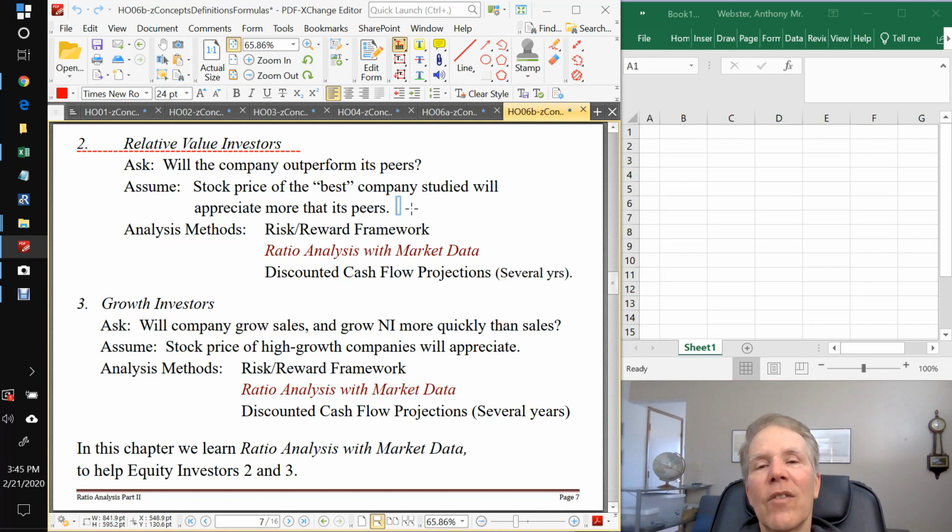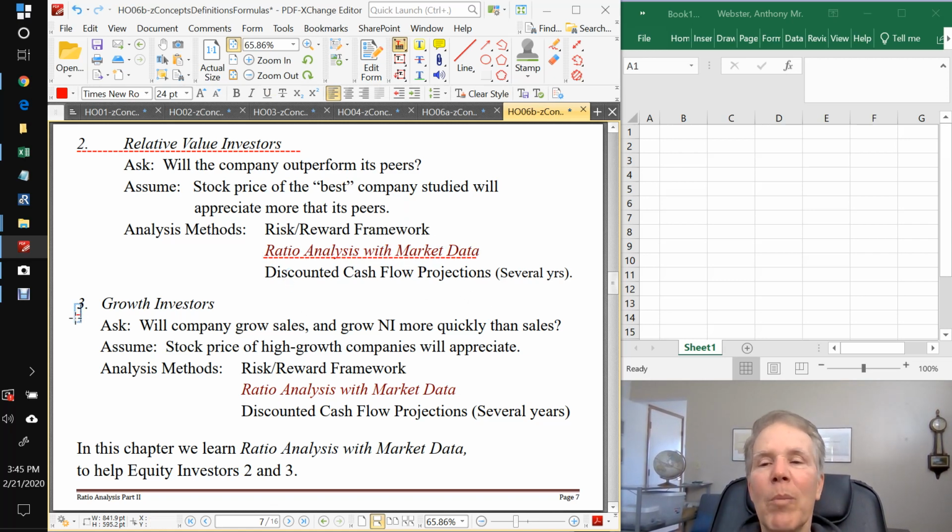Because of the spread between best and worst, they made money in almost all circumstances. They also do all this through a risk-reward framework, and they use ratio analysis with market data, which was the subject of the rest of the chapter, or DCF methods, which we're going to learn later.